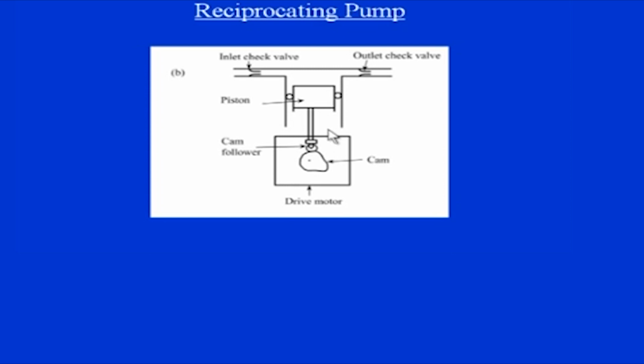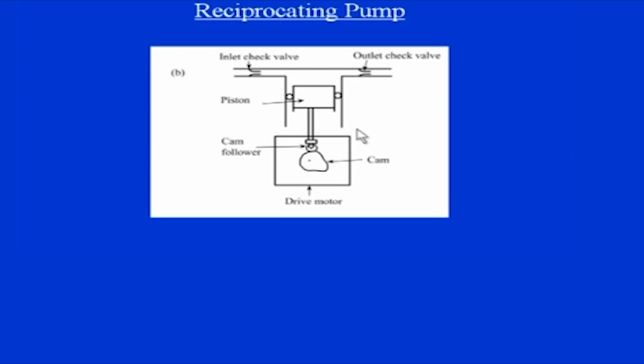On the compression stroke, the eluent is forced from the pump chamber to the outlet valve and to the column.